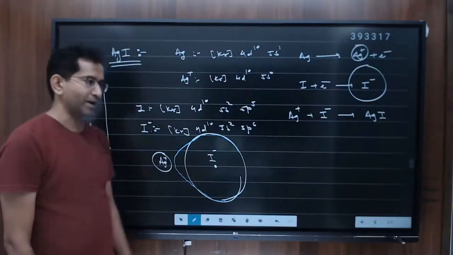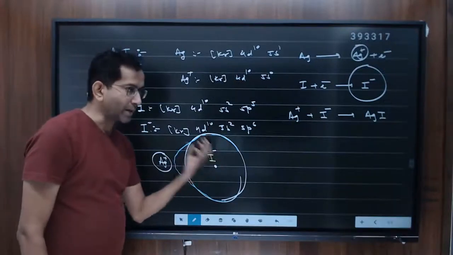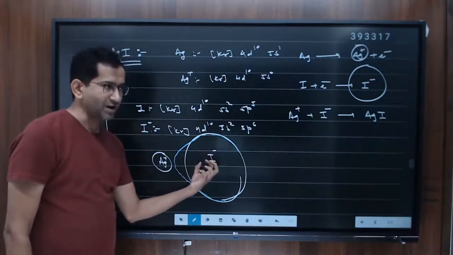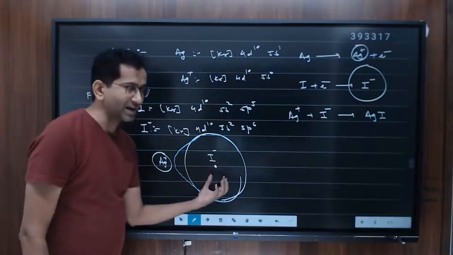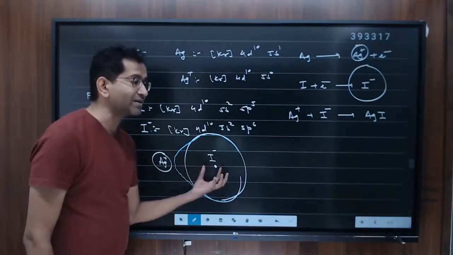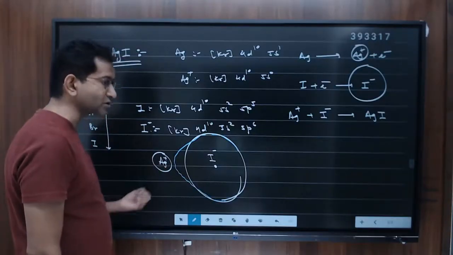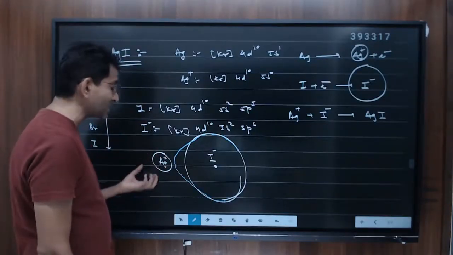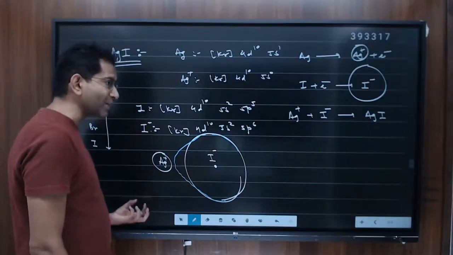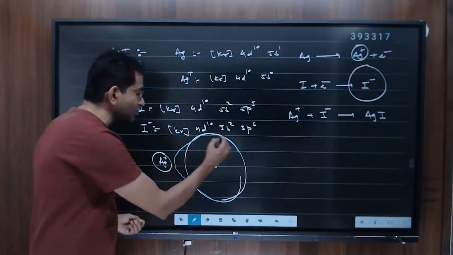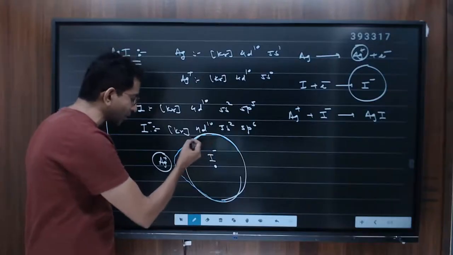So now what has happened? Actually the electron should be completely with I minus, but due to its large size it could not attract it properly, and Ag plus being small in size could attract its own electrons very nicely, as well as give an attractive force over the outer skirts of the electron cloud of I minus.